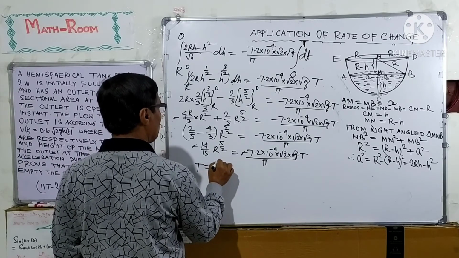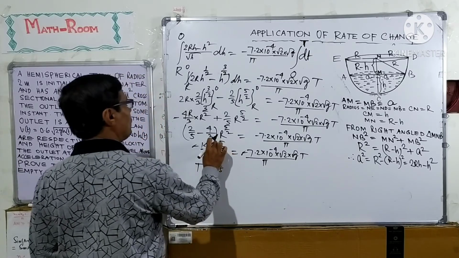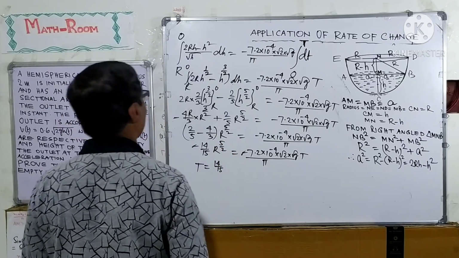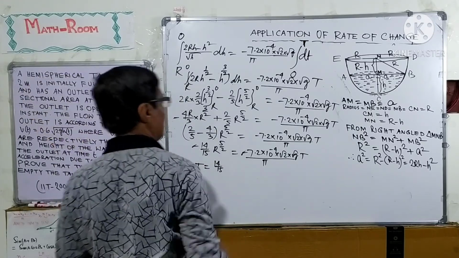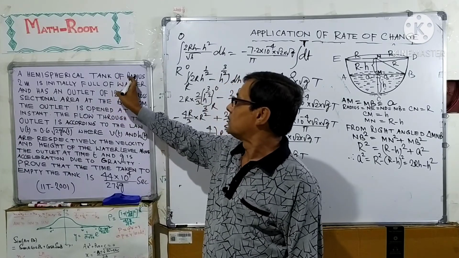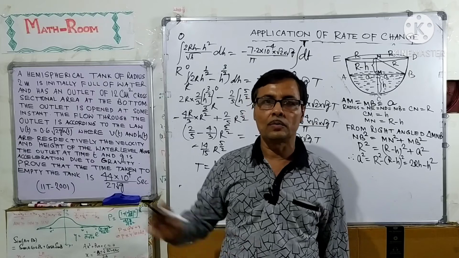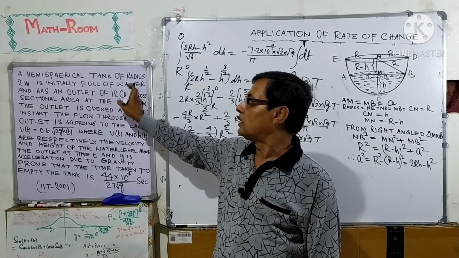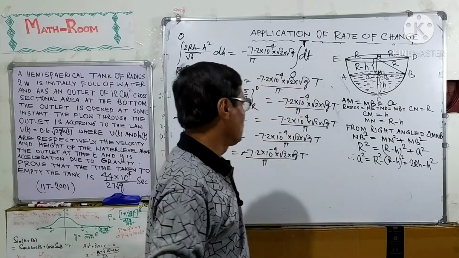14 over 15. Also we put the value of R, the radius. The hemispherical tank has base radius 2 meter, that is R is 2 meter.